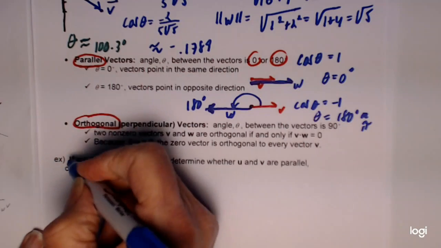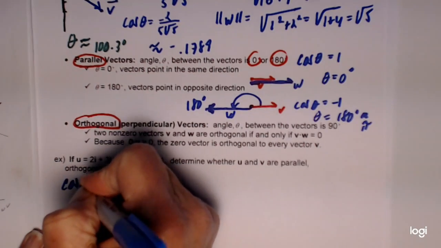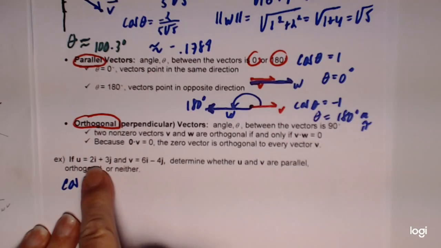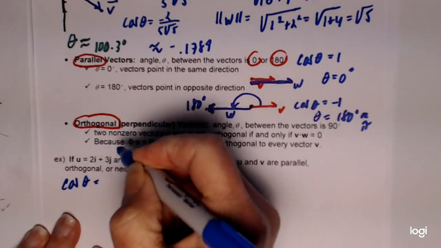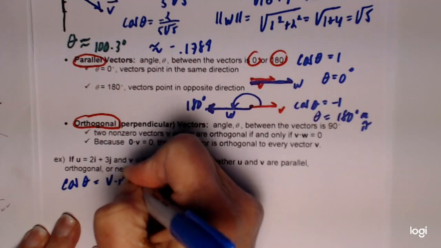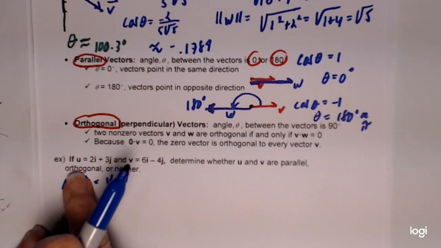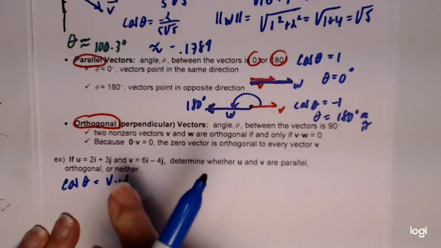So just to rewrite my formula, the cosine of the angle theta in between these two is going to be the dot product over the product of the magnitudes. Now in this case, I'm using U and V, but I'm just going to use the general formula.